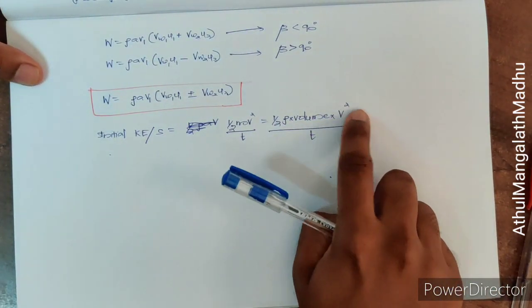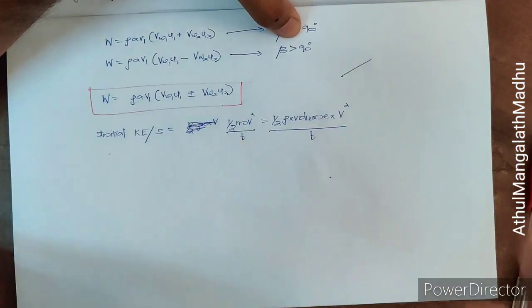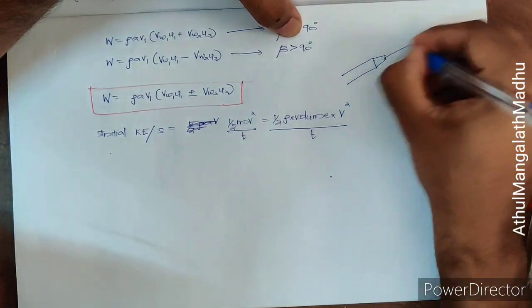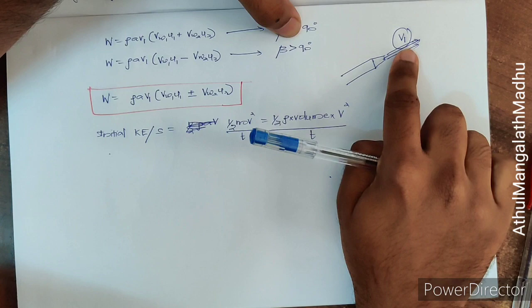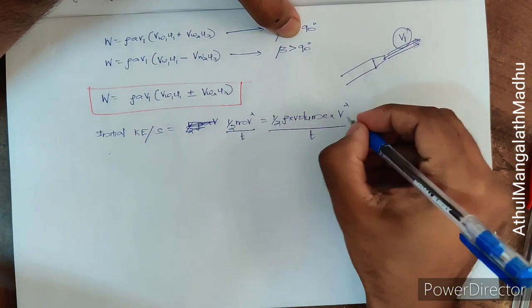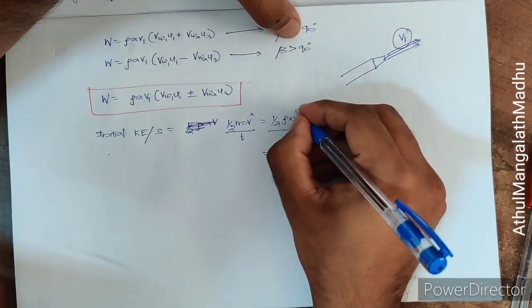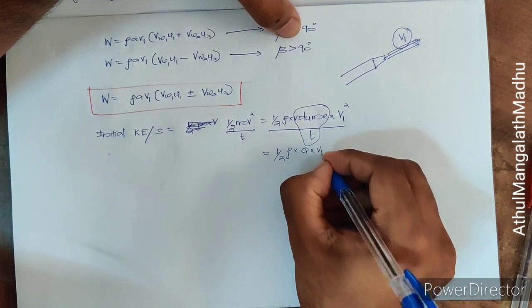Now, what velocity is considered? Initial velocity, because the jet was coming out. The velocity with which it comes out is v1, so that has to be v1 square. Volume by time is the discharge, so it is half into rho into discharge into v1 square.